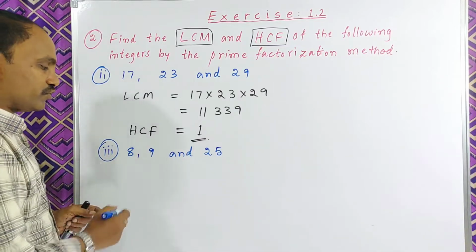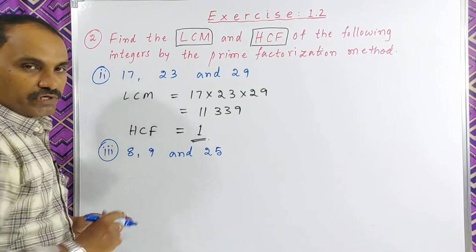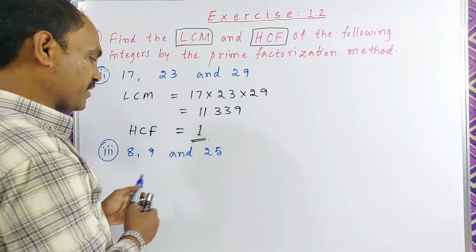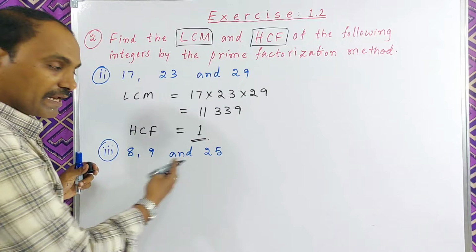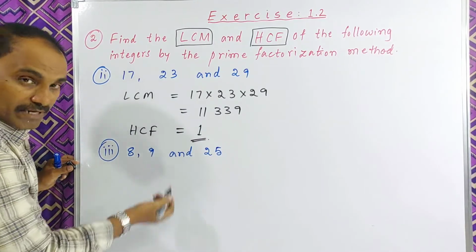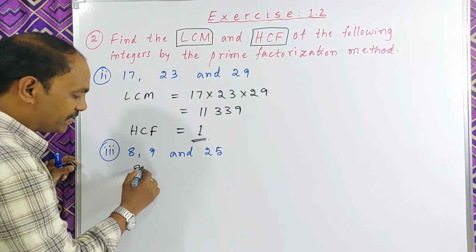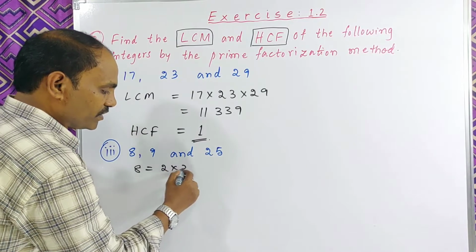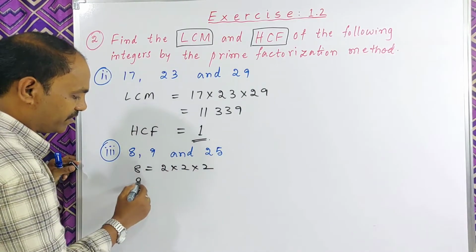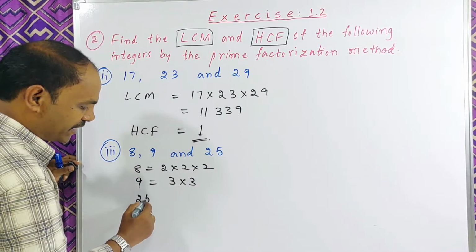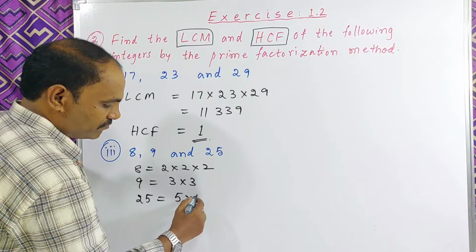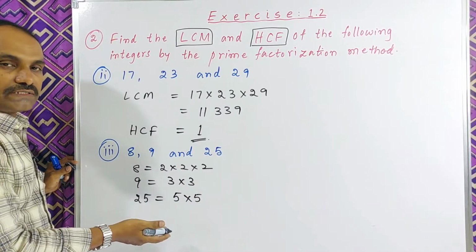Yes, next question: 8, 9 and 25. These are not prime numbers, but they are relatively prime numbers, co-prime numbers. 8 can be written as 2 into 2 into 2. 9 can be written as 3 into 3. 25 can be written as 5 into 5. No common factors are there.